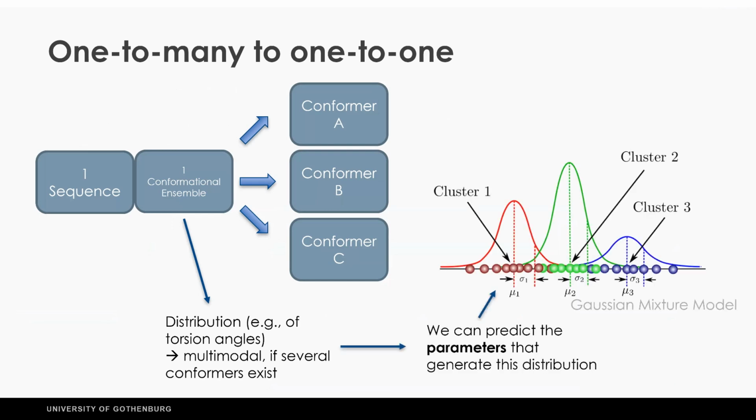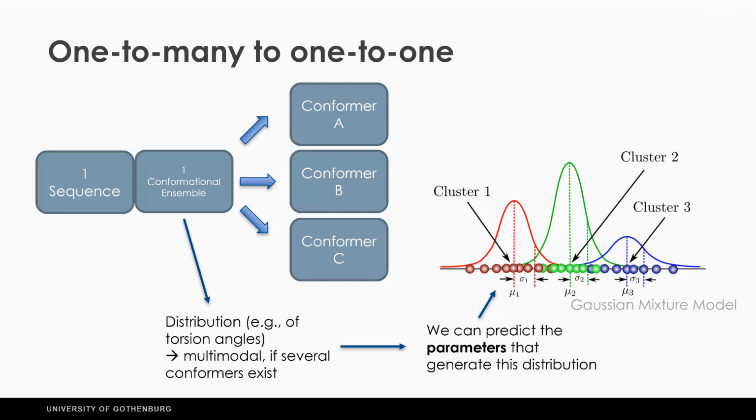Now, if it's a distribution, and here it would be a multimodal distribution, just for your reference, we don't need to predict the distribution per se. We predict the parameters that describe or generate the distribution. So if we look here at a standard normal distribution, we would predict maybe the mean value or standard deviation, and then you can reconstruct those distributions from those parameters. This would be a classic Gaussian mixture model. It's very established for various purposes.